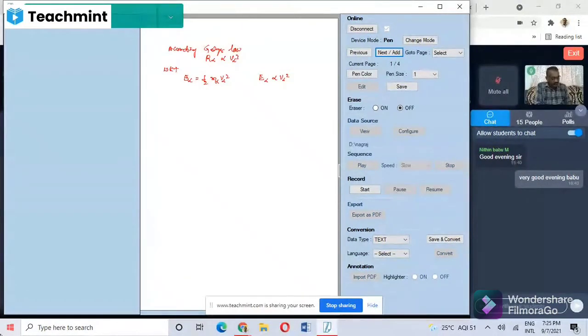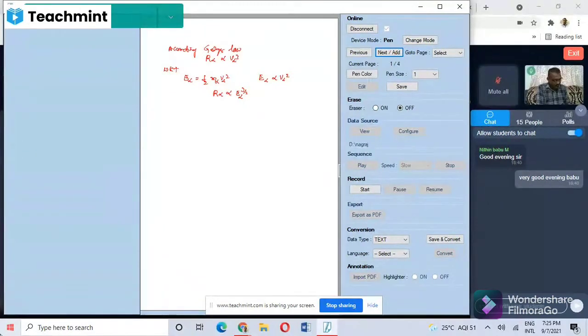If I combine these two, R alpha is proportional to V alpha cube and E alpha is proportional to V alpha square, and you will get R alpha is proportional to E alpha to the power of 3 by 2.